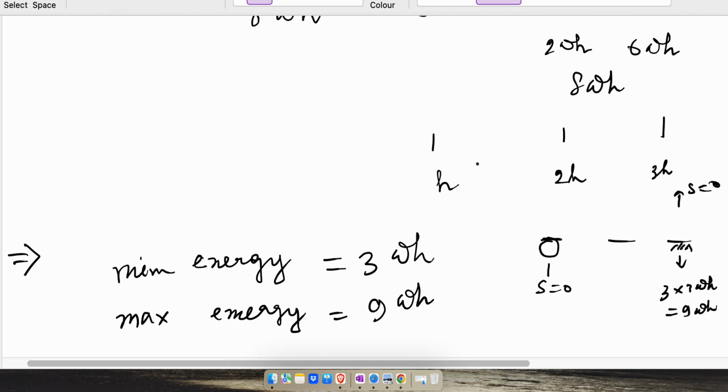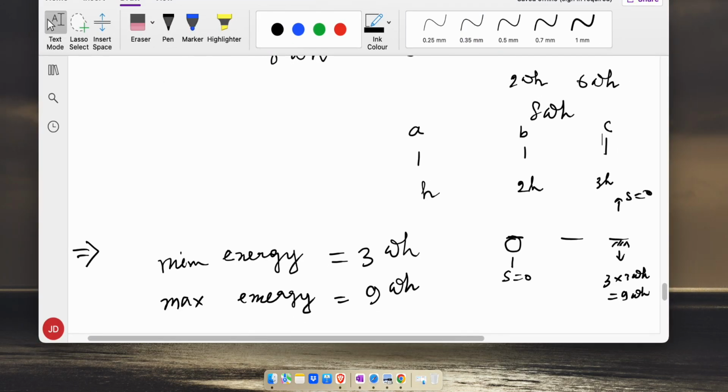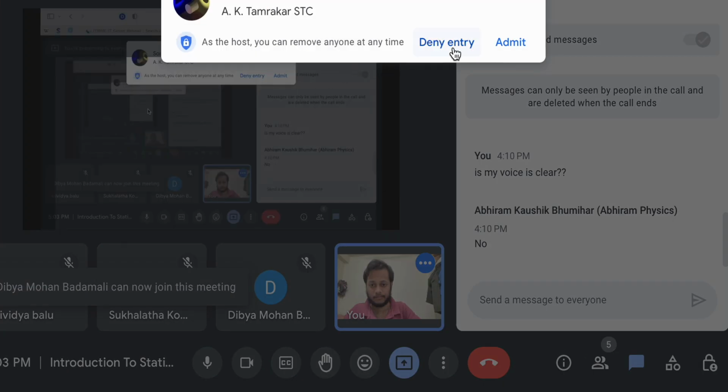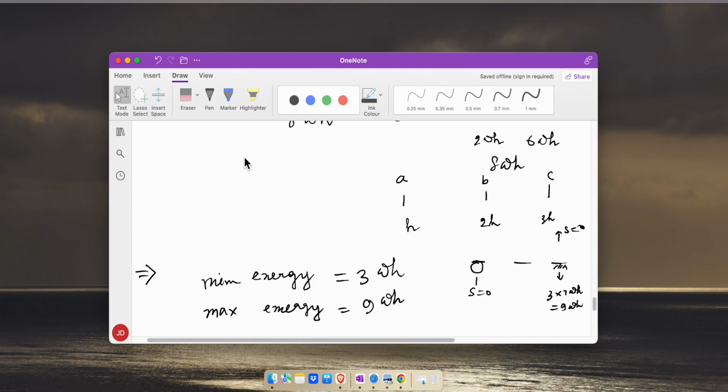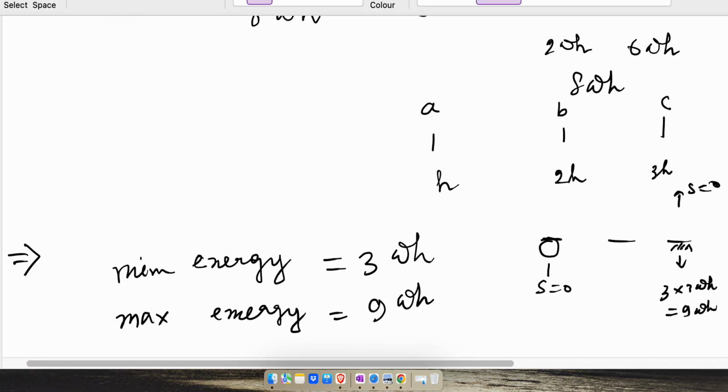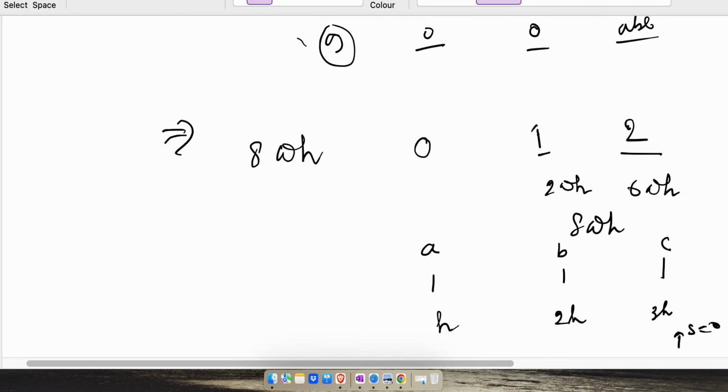So since indistinguishable, I can put A here, B here and C here. I can also put, okay, so I think I got it wrong from here actually.